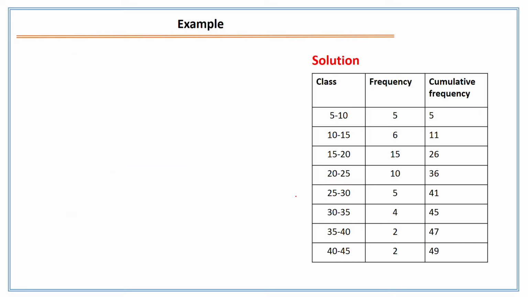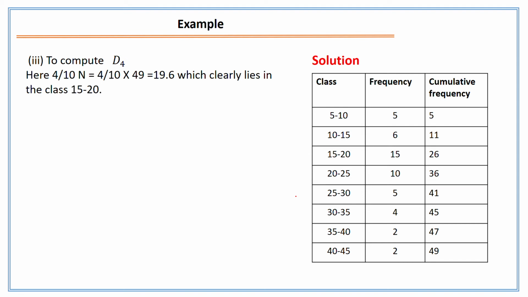Now we will see decile. We have to compute the fourth decile. Since we are calculating the fourth decile, we have to do 4 by 10 of the data. 4 by 10 into 49 is 19.6, which clearly lies in the class 15 to 20.